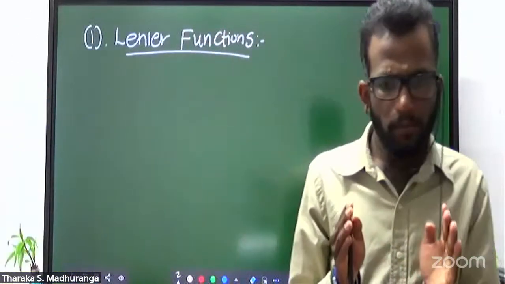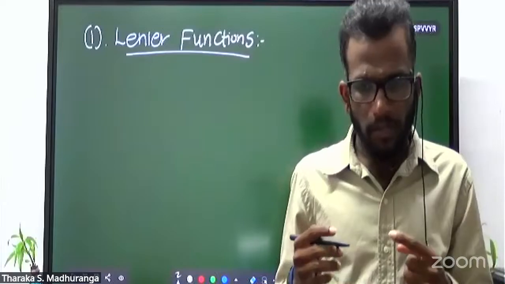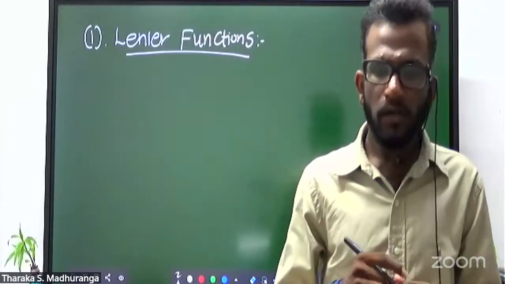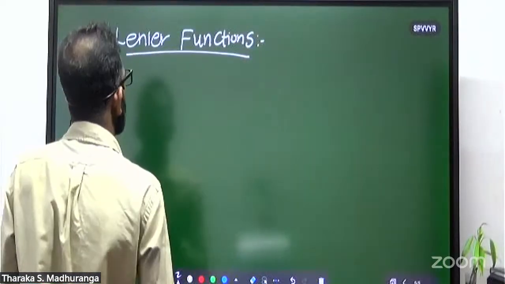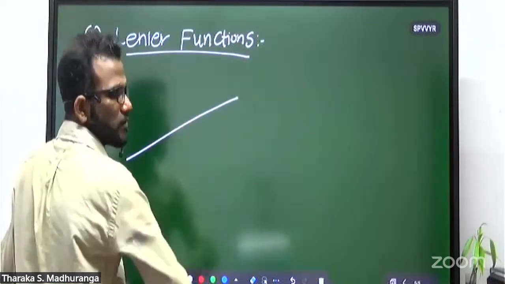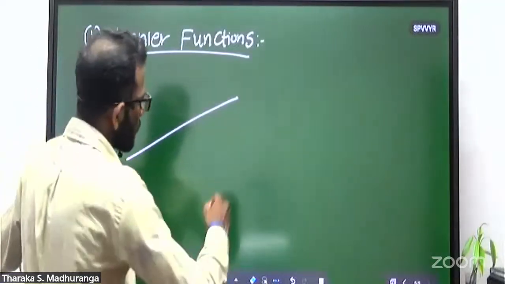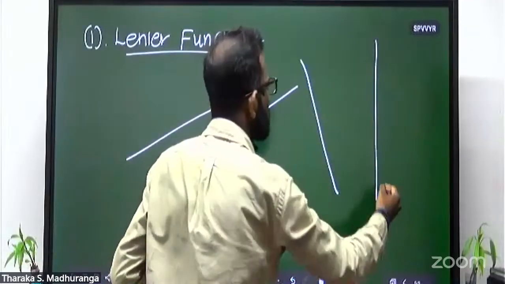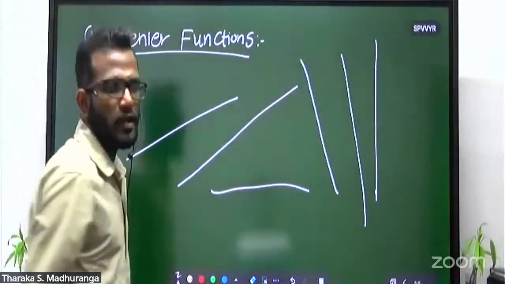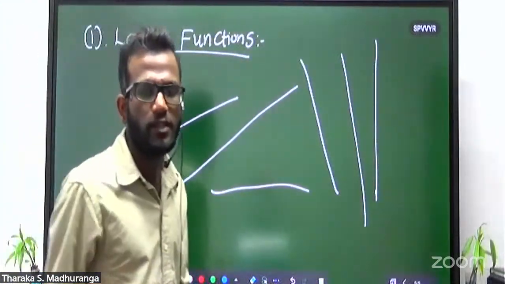The very important thing in linear functions is that we mainly discuss the relationship of straight lines, only straight lines on any Cartesian plane. This type, this type, any straight line we discuss in this lesson.